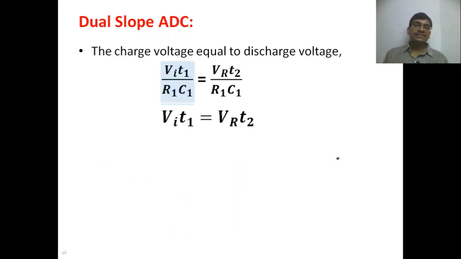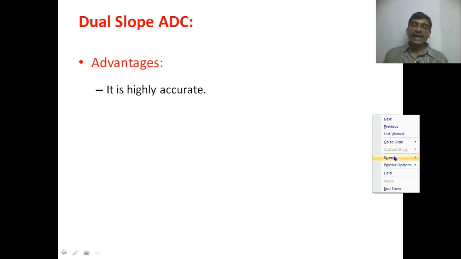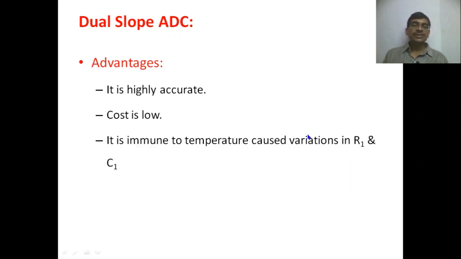Let us see the advantages of the dual slope ADC. Very high accuracy, and cost is low. It is immune to temperature caused variations in R1 and C1, so no changes will occur due to temperature.